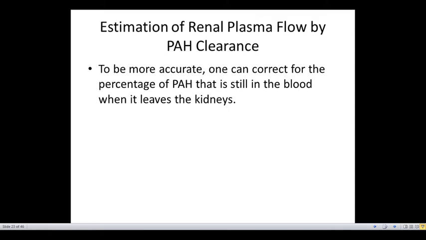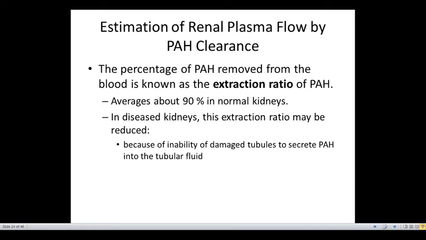To be more accurate, one can correct for the percentage of PAH that is still in the blood when it leaves the kidneys. The percentage of PAH removed from the blood is known as the extraction ratio of PAH.